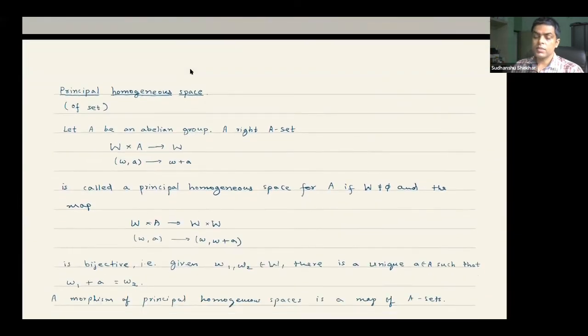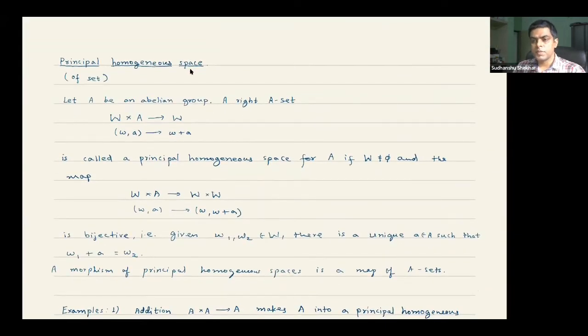So these were the things from group homology which we will need for the purpose of defining Selmer groups and Tate-Shafarevich group and other objects. Next, as I said, it's sometimes useful to have a geometric interpretation of elements of Selmer groups also.